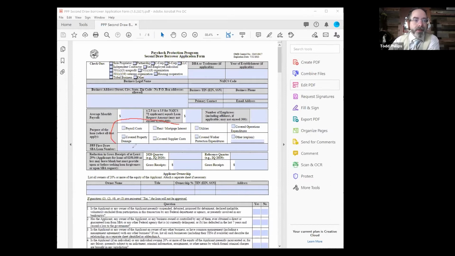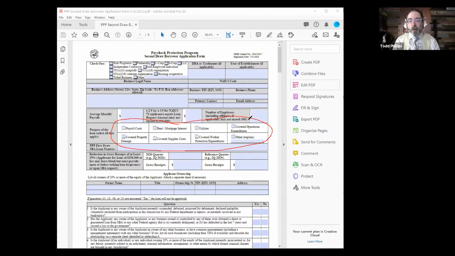All right, this is a section here. I hope you all can see that I'm circling the purpose of the loan. This caught my attention. I think, Greg, you and I were on an event right when the PPP2 came out, and they have opened up the availability of the employer retention tax credit. What I recall from that is it said, if you didn't use PPP for all of your wages, and there's wages left over, you may be able to get that credit.